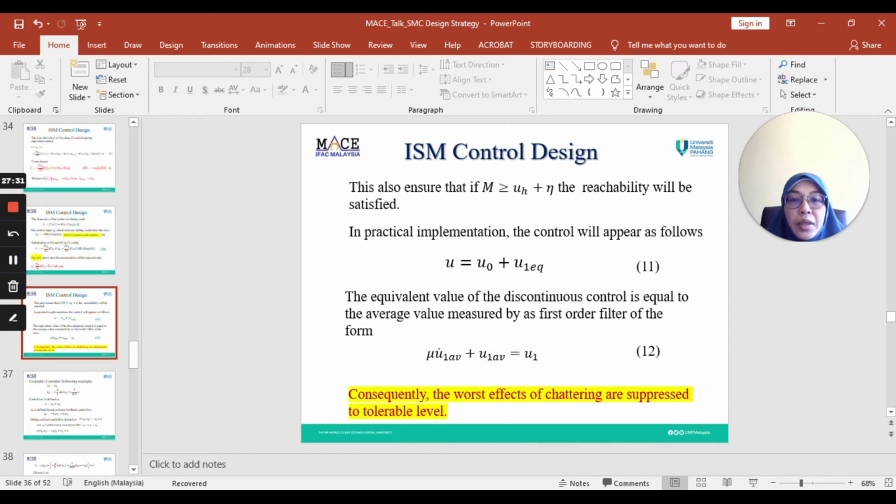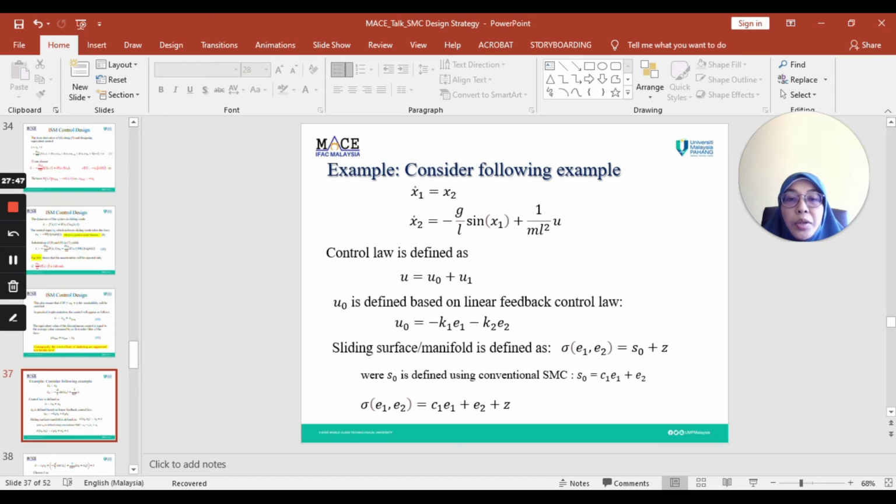So with this, we have the worst case where we have chattering suppressed to a tolerable level. There is still chattering there, but now we have reduced it. Now, to help us understand this ISMC better, I choose this example.